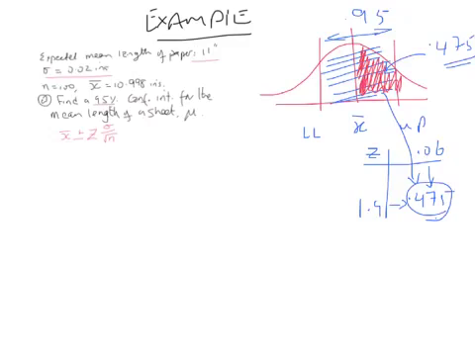So to get a 95% confidence interval, you must take the sample mean or the point estimate and add 1.96 standard deviations of the sampling distribution of x bar, which is basically sigma over root n. So that's 1.96.